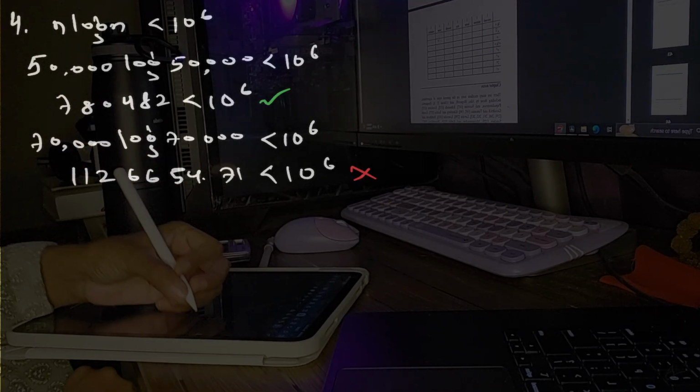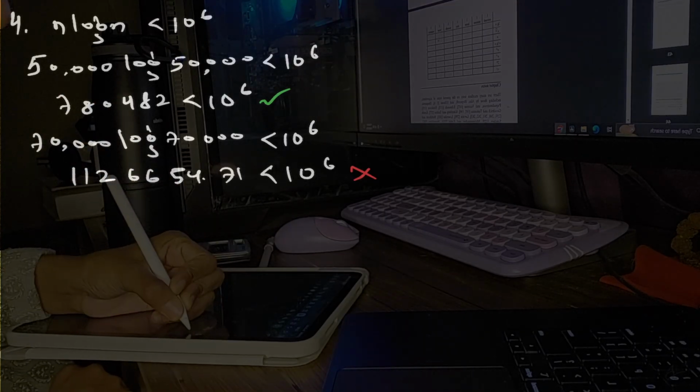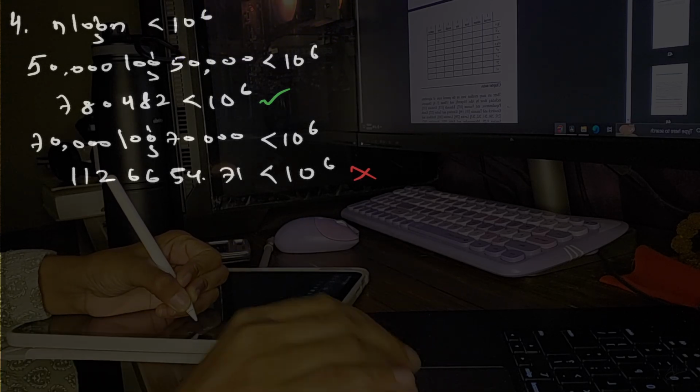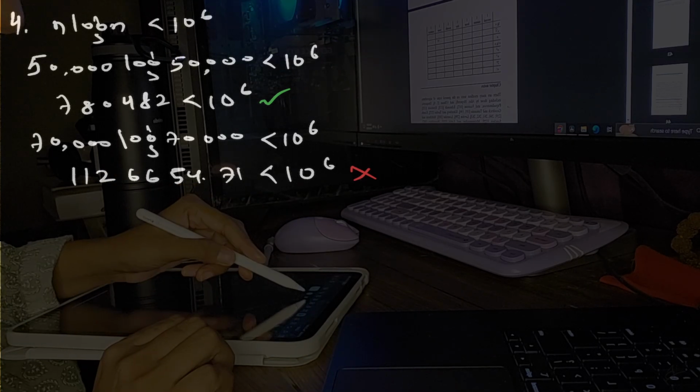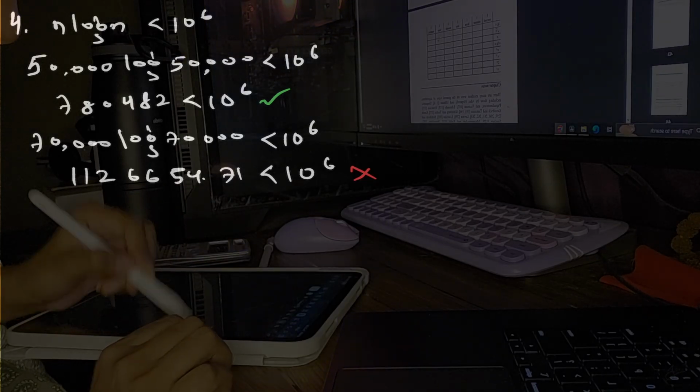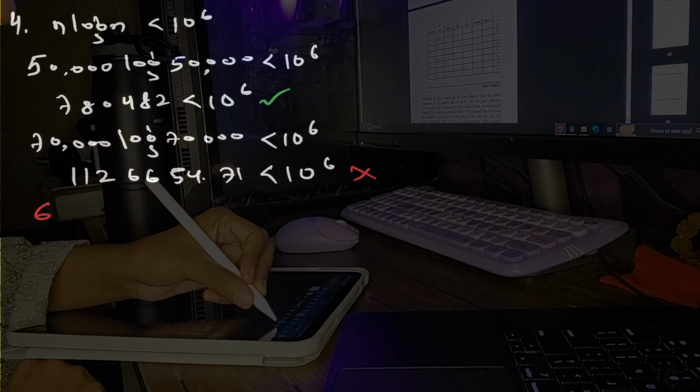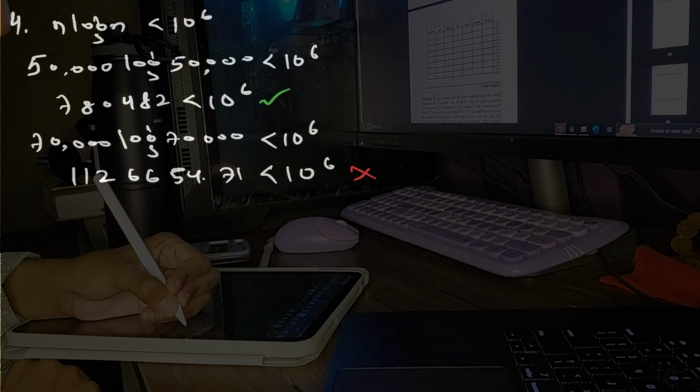If we just take the average of 50 plus 70 divided by 2, we get 60. Yeah, that was so obvious. Why did I even calculate that? But yes.